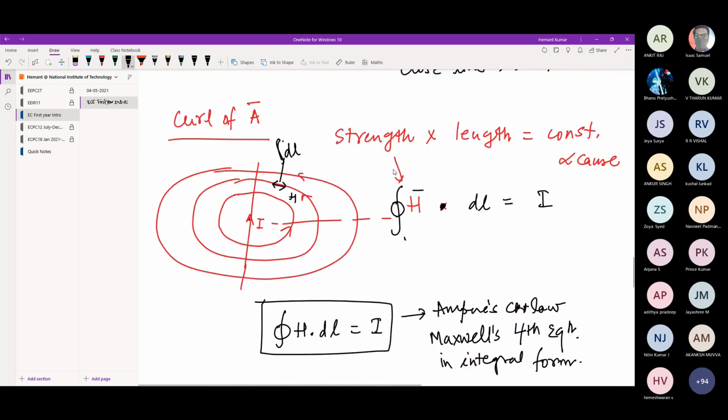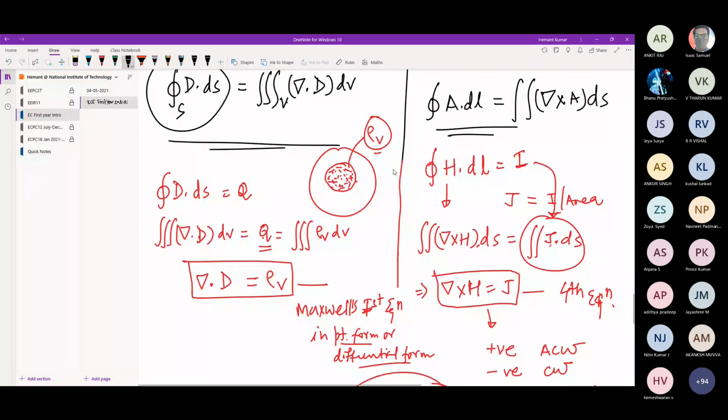Let me tell you. The Gaussian law is this. The closed surface integral of electric flux density is equal to the charge inside the closed surface. I have said inside. I have not said outside. If inside there is no charge, that means it is zero.